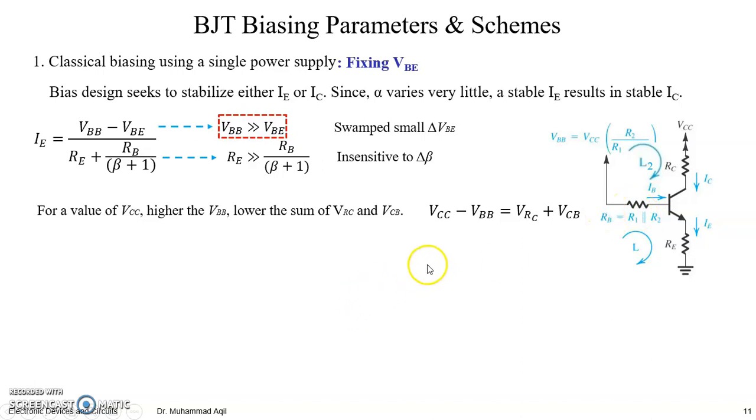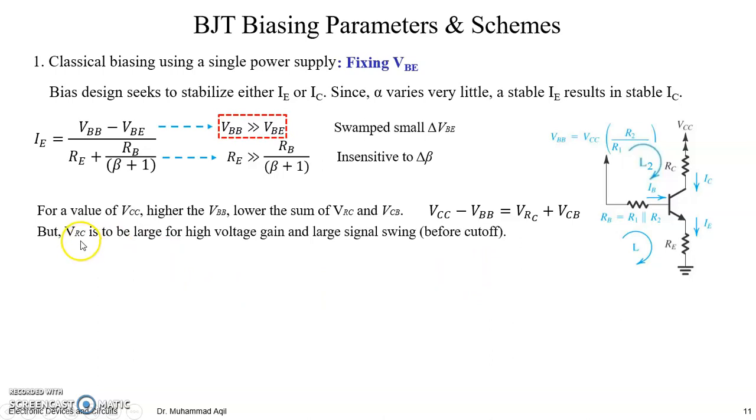So we are lowering the sum of voltages across RC and across the collector to base junction by increasing the value of VBB to accommodate this constraint. Do we have any disadvantage of this?